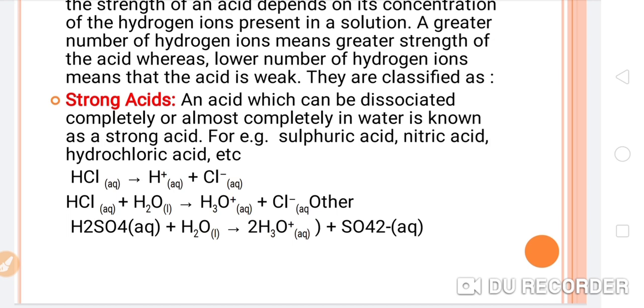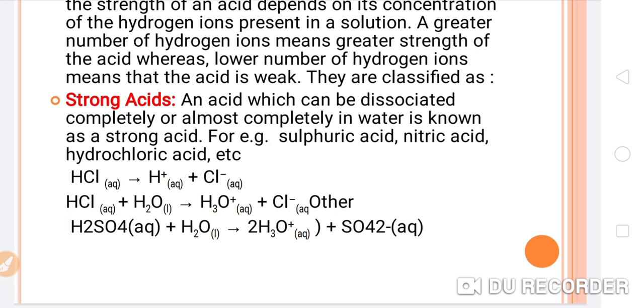For example, sulfuric acid, nitric acid, hydrochloric acid. So here you can see hydrochloric acid has dissociated into H positive and Cl negative in aqueous solution. And in the second equation you can clearly see that HCl, this is aqueous, and it has dissolved inside the water, means the aqueous solution of the HCl.